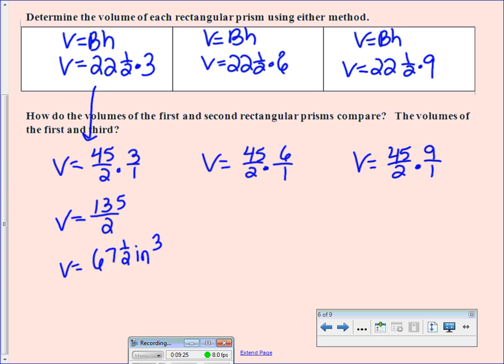Volume is always labeled inches cubed. This one I can cross-reduce if I want. 2 divided by 2 is 1. 6 divided by 2 is 3. 45 times 3 is... This one I can't cross-reduce.